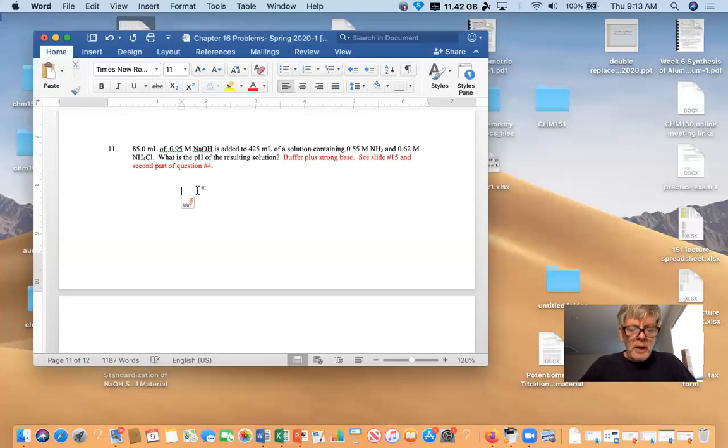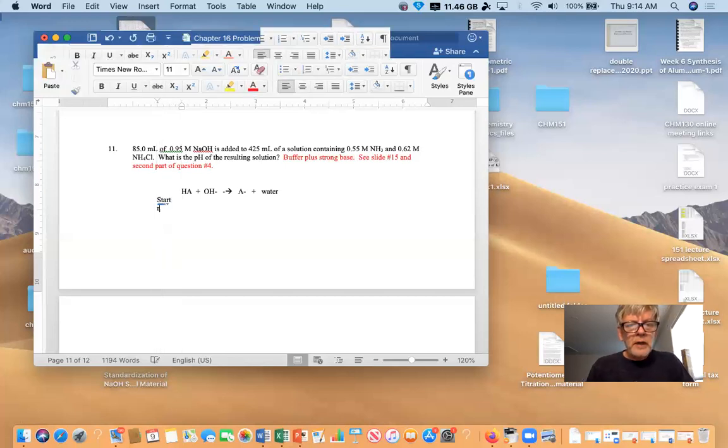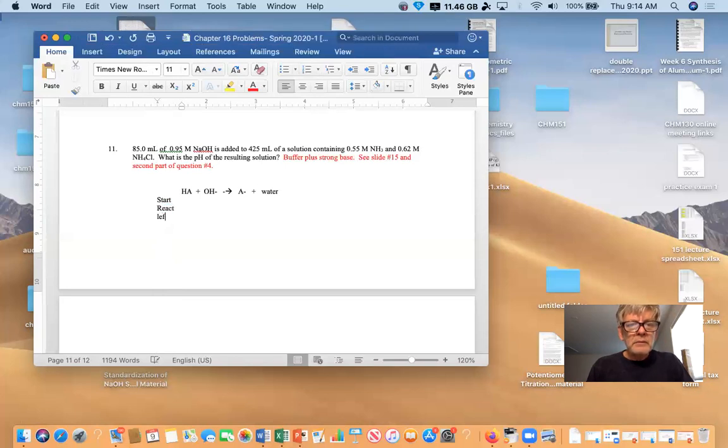So we know this time we're going to take our weak acid plus our strong base to make our conjugate base and water. And so we do a start, react, left. This is getting pretty standard, I think, isn't it? In moles.